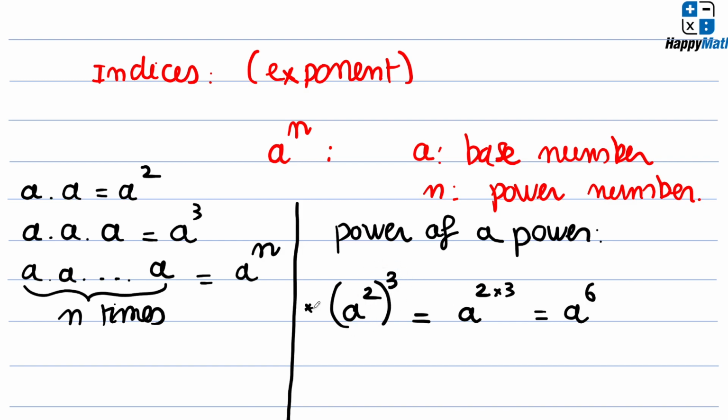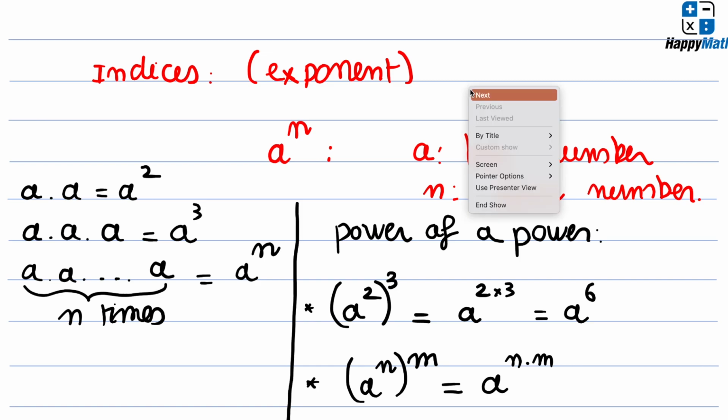So for simplification, you have a to the power of n, and outside you have m. You can simplify it as a to the power of n times m.